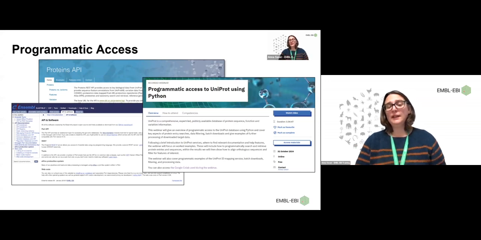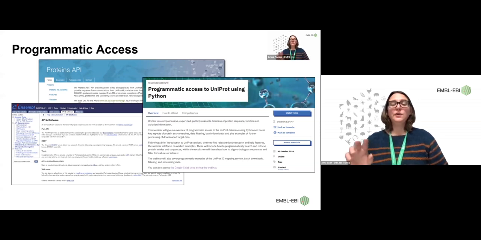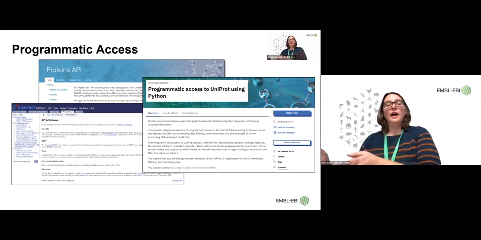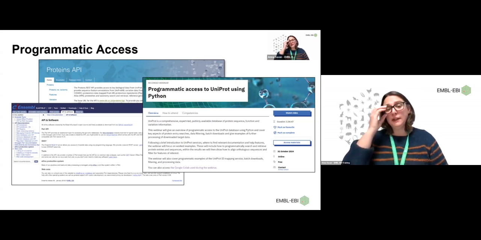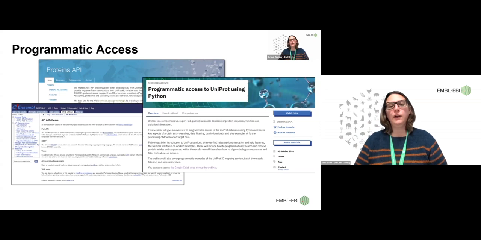This is obviously particularly useful if you are, for example, writing some code that would allow you to grab some data from one of the resources and bring it back and analyze it, rather than going to the browser, maybe downloading some data and analyzing it that way. So it's a great way of building the data retrieval into your workflow.